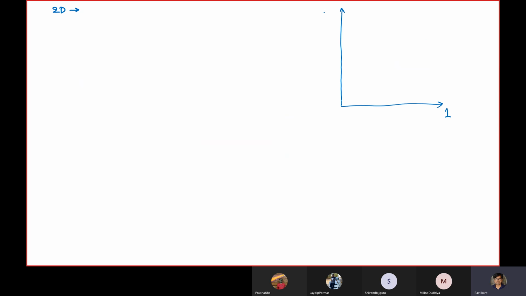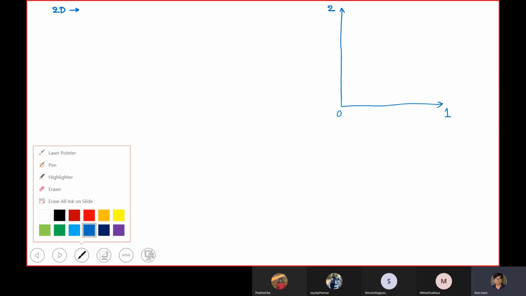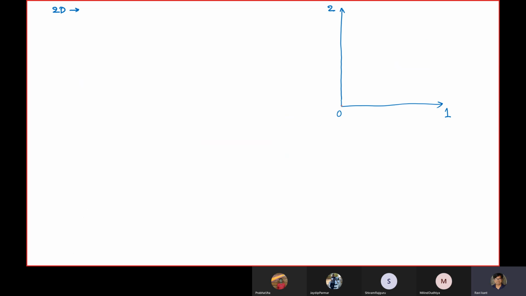This is my 1, this is 2, this is 0 origin, and you have a vector x at position p, or to be precise, x bar.